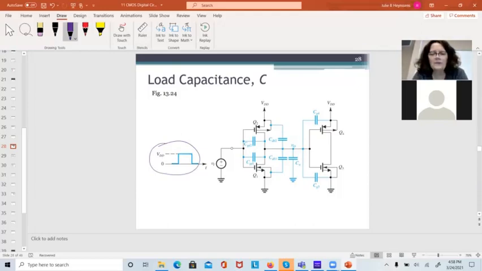But these capacitors are what drives how fast this can work. So if I can keep the capacitors smaller, I can make my circuit run faster. This capacitance right here is dependent upon routing. I have to take that into account too.